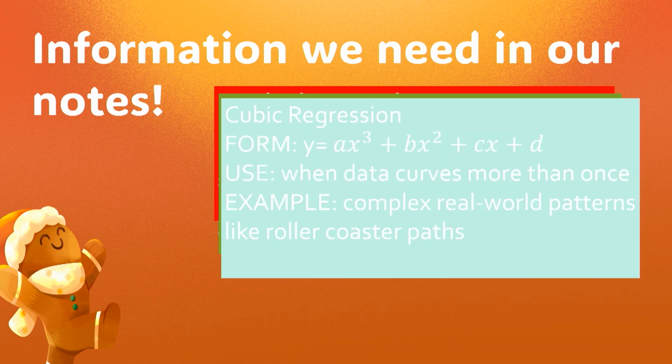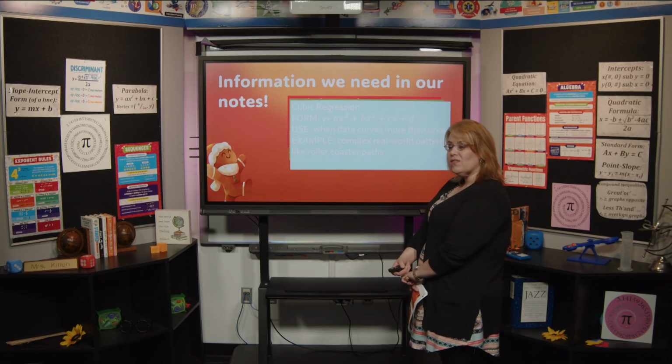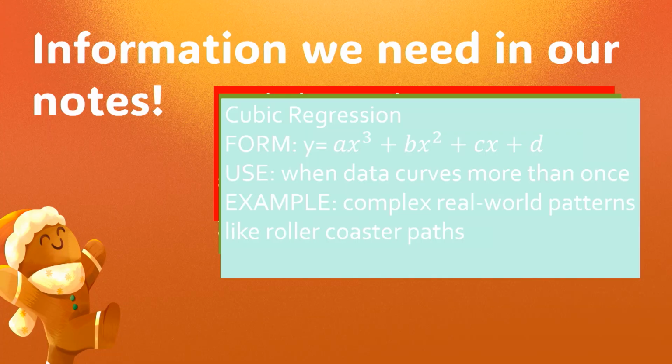Our last one is our cubic regression, and we don't really look at this one until we get into some of that upper math, but I did want to go ahead and give you this cubic regression. So this cubic regression form is ax to the third plus bx squared plus cx plus d. We use this when data curves more than once. So we may have something that looks along the terms of this or this.